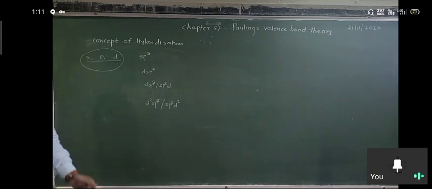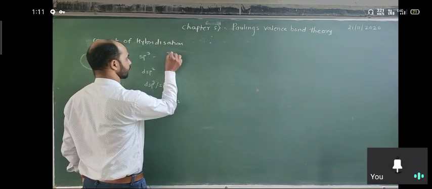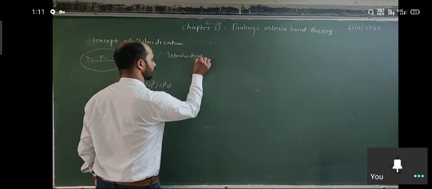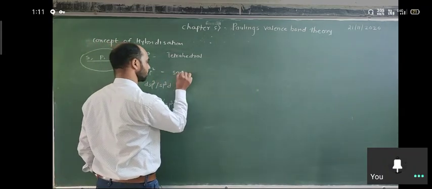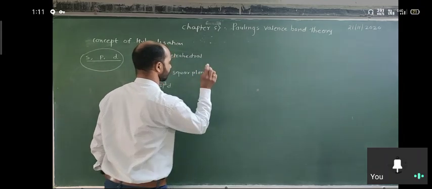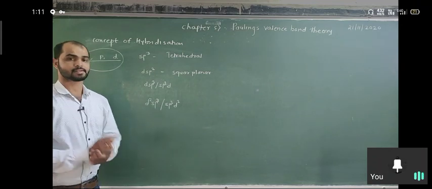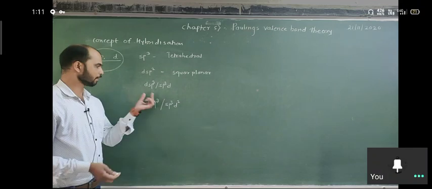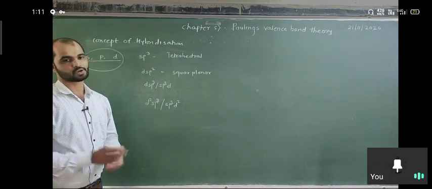If there is sp3 hybridization, we call it tetrahedral geometry. When there is dsp2, it is square planar. Then dsp3 has two geometries, trigonal bipyramidal or square pyramidal, depending on whether the electrons are present in dz2 or dx2-y2.